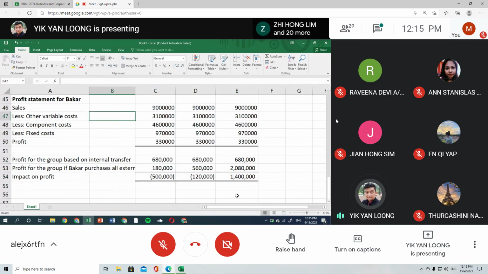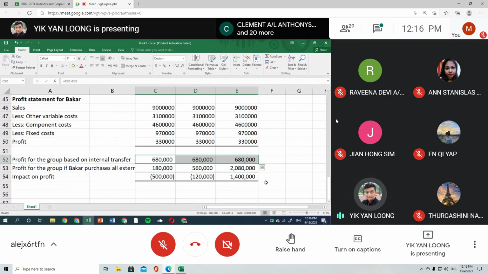Now, how are you going to interpret this? Your profit for the group based on internal transfer, as I mentioned, transfer pricing for internal transfer has no bearing on the overall corporate profitability. It's something like your left pocket going to the right pocket. So transfer pricing has no impact on the group's profitability.